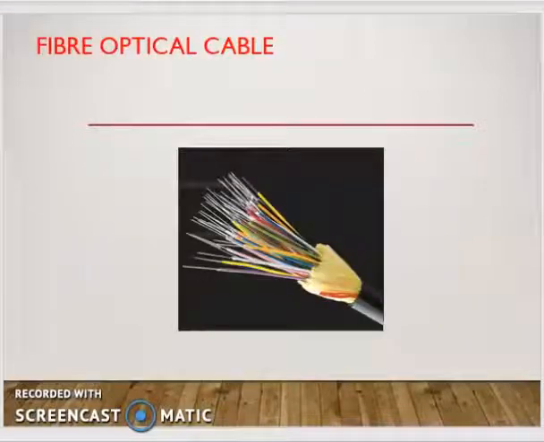Next point is the advantages of optical fiber cable over the copper cables. First advantage is the life of fiber is longer than the copper wire. Second, handling and the installation cost of optical fiber is very normal.